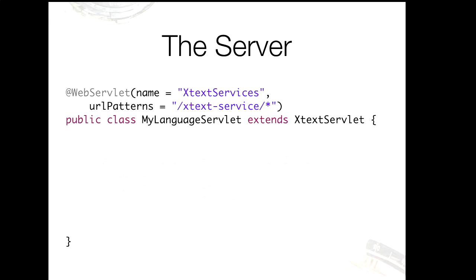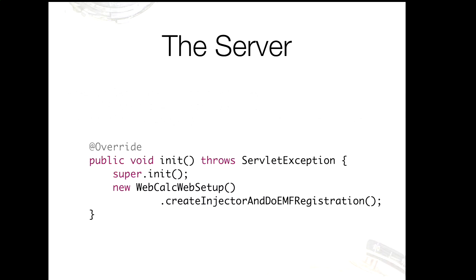So first, you would create a subclass of the Xtext servlet, and usually annotate that with the web servlet annotation, so you can specify in which context you want to make that available. And usually in the initialization method, you would set up your language infrastructure using the concept known from Xtext, where an injector for dependency injection is created and registered for the language file extension, or maybe also a content type.